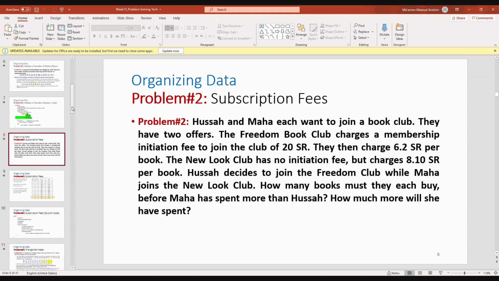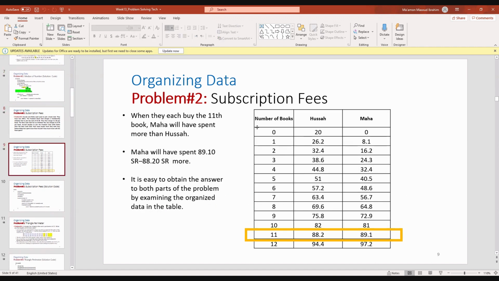So we have prepared our table here. We have first column for number of books, then for Hassa and for Maha. This is the first element, initiation fee. For Hassa we have 20, for Maha we have nothing.